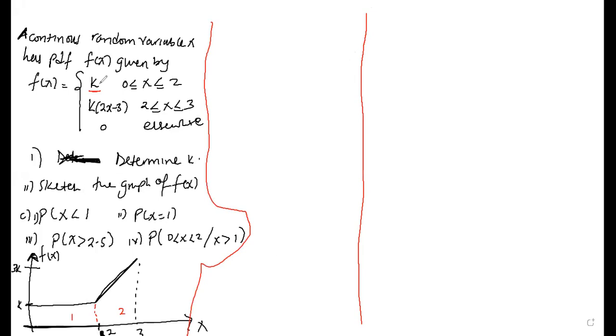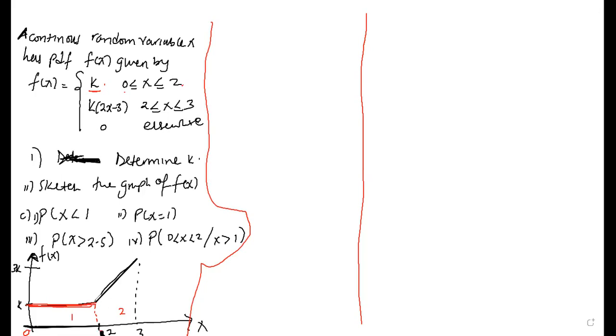In the beginning, this was f of x was k. There was no x. So between 0 and 2, it does not depend on x. So the function f of x is a constant, which is here. Whichever value of x you have, the value of k is a constant from 0 up to 2.